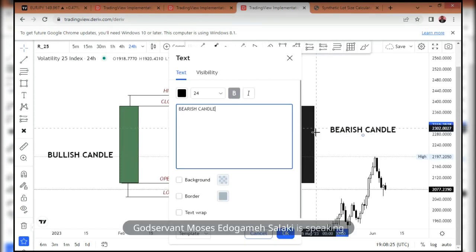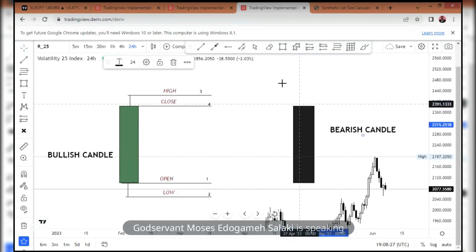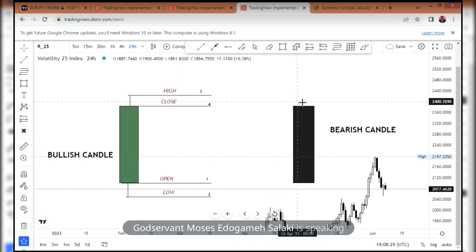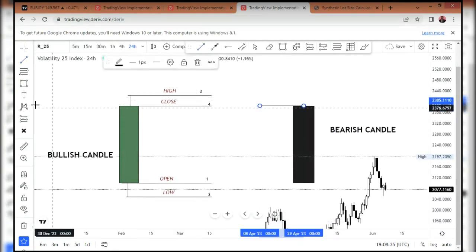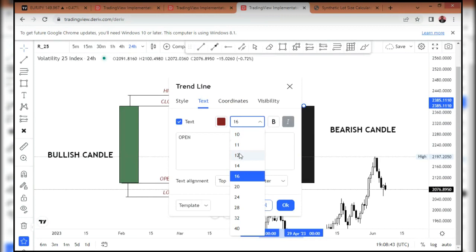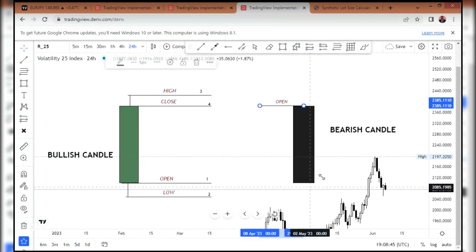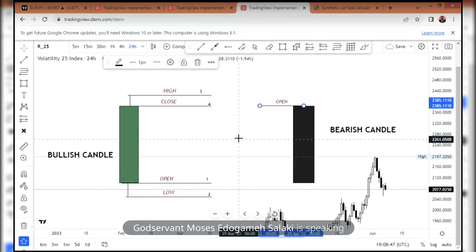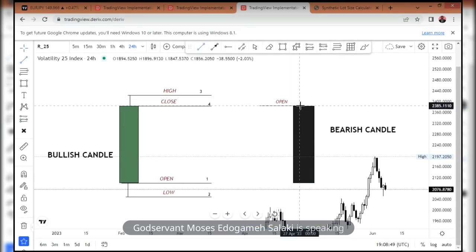For a bearish candle, this is what we have. This is the open for a bearish candle. That's the open. Then price will first of all create the high.